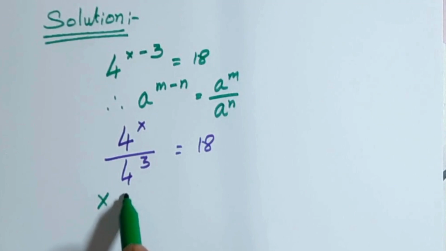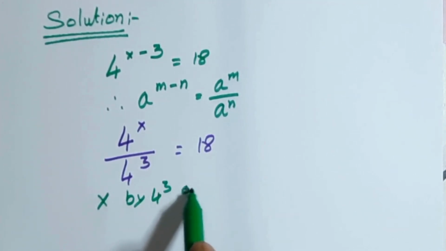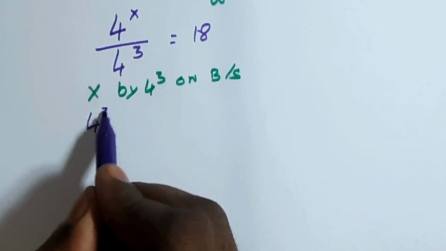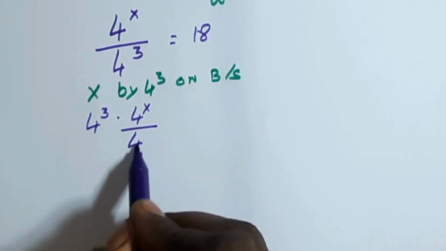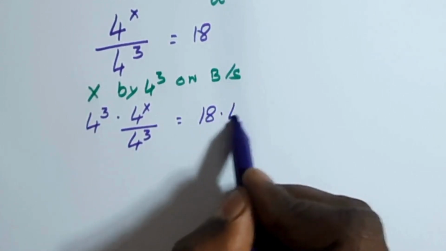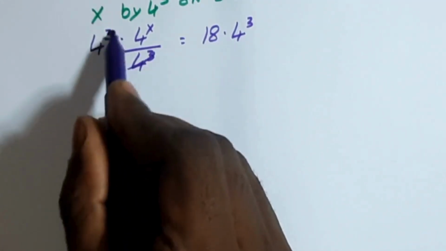Multiply by 4 power 3 on both sides. 4 power 3 into 4 power x by 4 power 3 equal to 18 into 4 power 3. This cancels this.